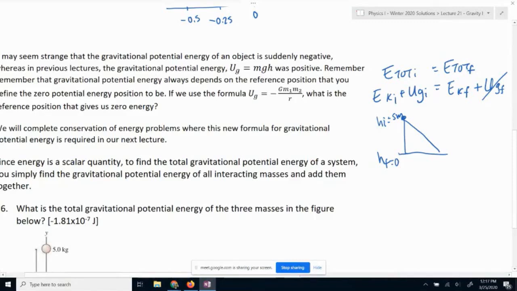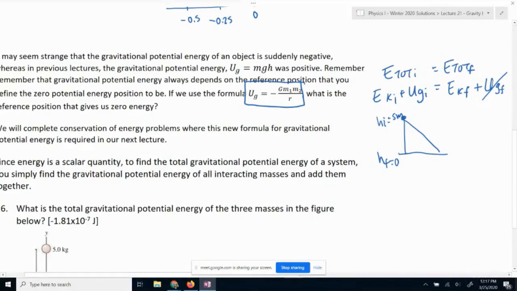In this case, when we're using this formula, what is the value of R that allows us to cross off UG to make it 0? When will UG be 0? For what value of R? Like a really huge.